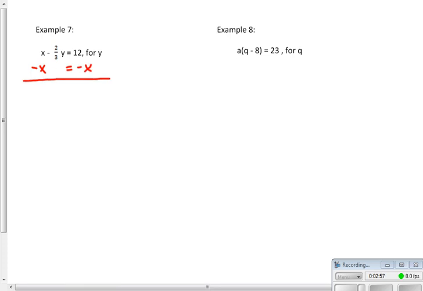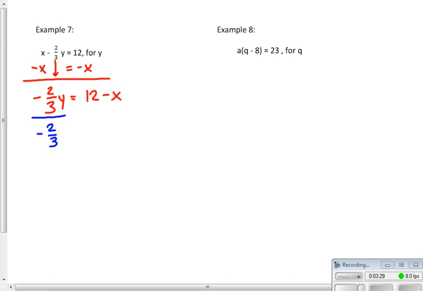On the left side, a lot of people will bring down the 2/3 y, but you also need to carry that negative sign in this case. So negative 2/3 y would drop down, equals 12 minus x. Next thing we need to do is to get y alone. Well, negative 2/3 is a fraction which is multiplying into y, so we'd have to actually divide by negative 2/3.